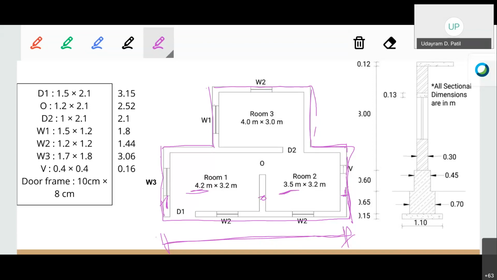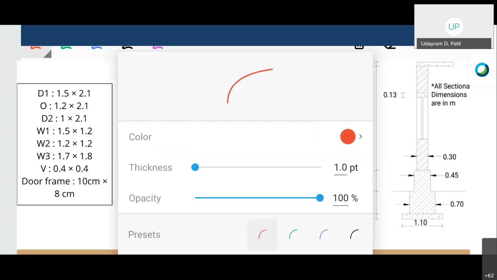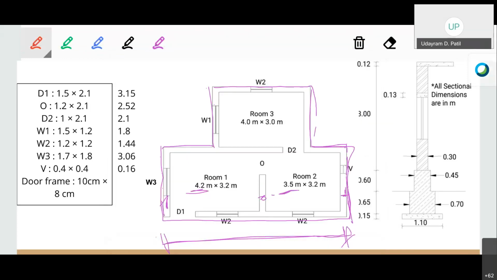That will be 0.3 plus 4.2 plus 0.3 plus 3.5 plus 0.3. Okay, 8.6 meter.